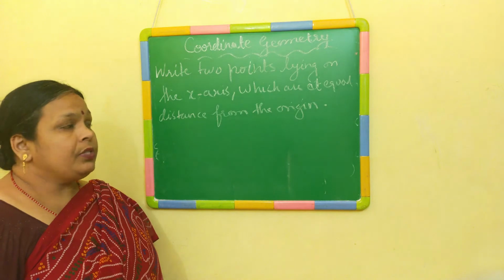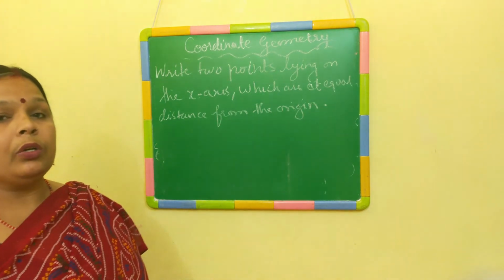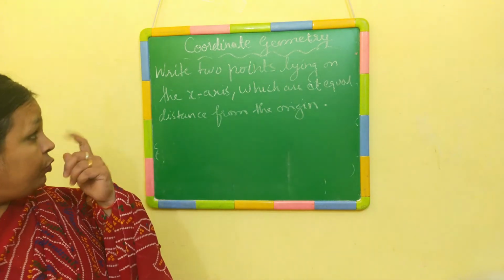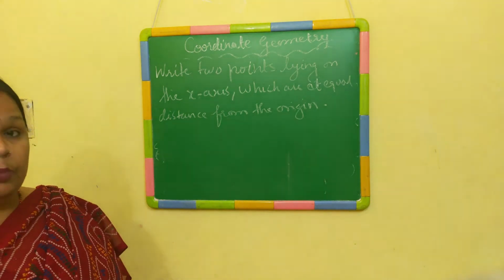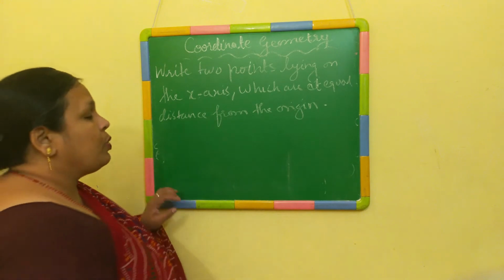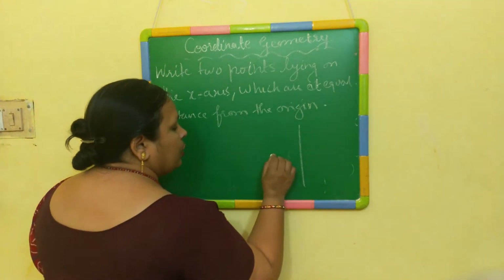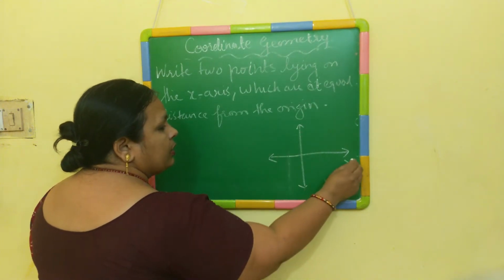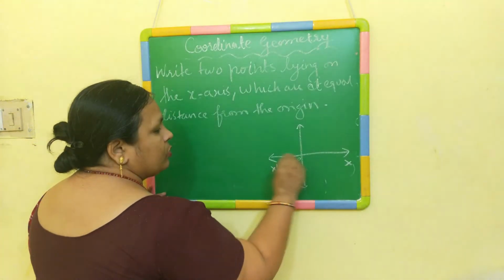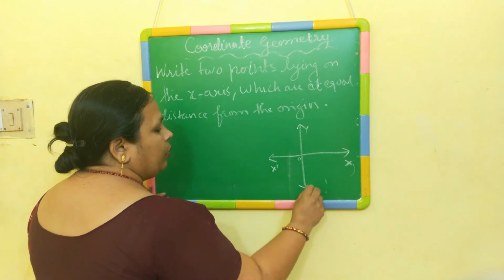So the first example, considering the coordinate axes, is: write 2 points lying on the x-axis which are at equal distance from the origin. To answer this question, see, this is your Cartesian plane. Clear? Now we know that this is x and this is x dash, this is the origin, this is your y and y dash.